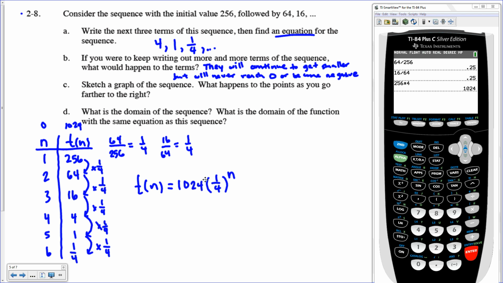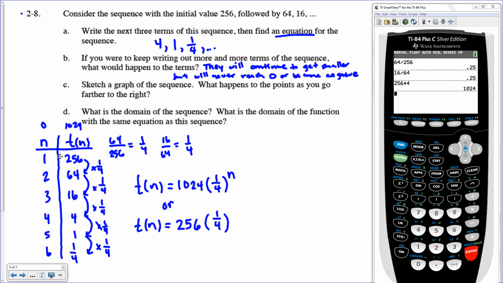Now another way this could be written, if you didn't want to use the 0th term, you could use the first term. You could also put down t of n equals, and we could start here, and multiply it times 1/4.